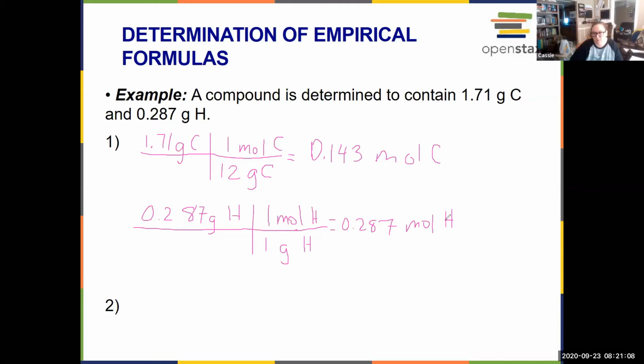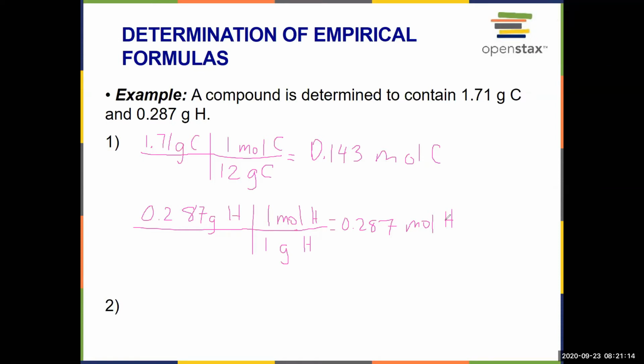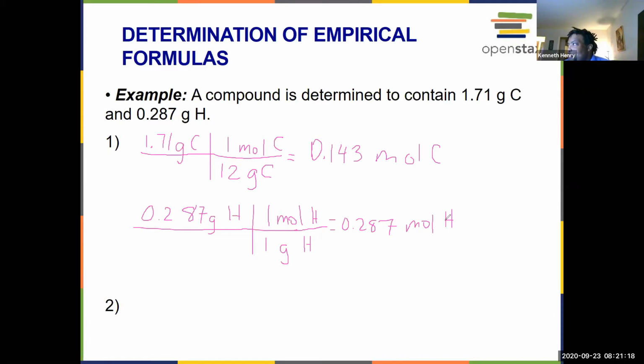It's Avogadro's number. What is Avogadro's number? 6.022 times 10 to the 23. That's right. Mauricio told us in the chat, he says 6.022 times 10 to the 23rd. So that's how many husbands you would have.